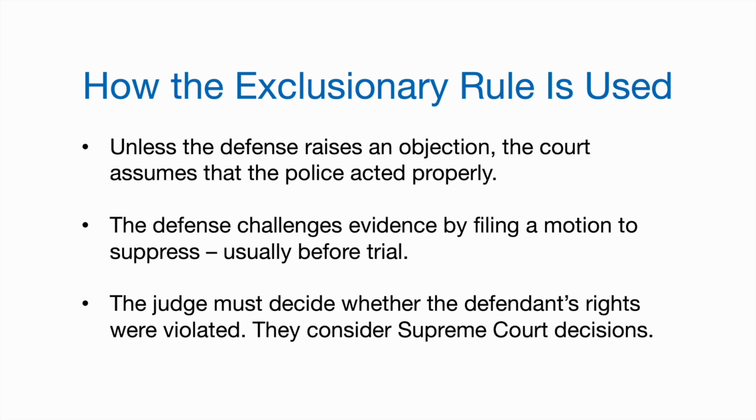Then they'll have an opportunity to argue whether the evidence was obtained pursuant to a valid warrant, whether a warrant was required, and whether there were any violations of the defendant's Fourth Amendment rights. That is all best done before trial and outside of the sight and hearing of the jury.